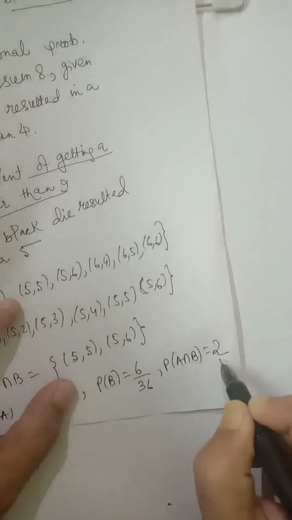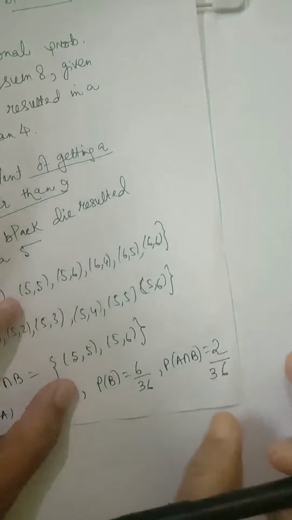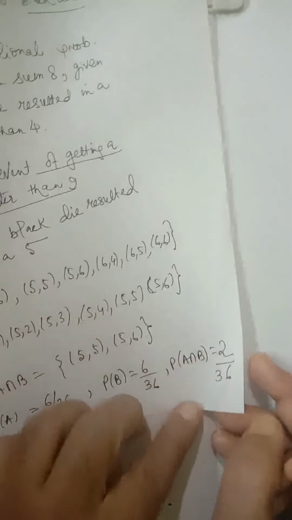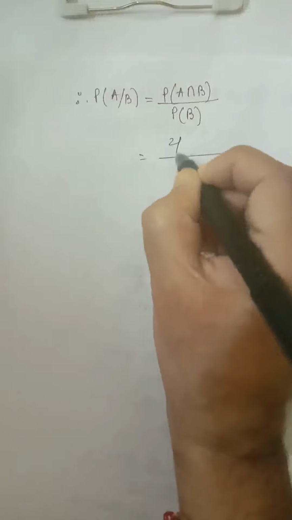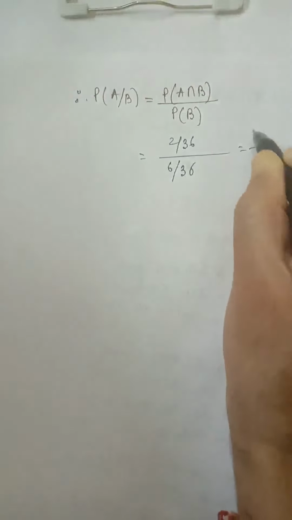One thing I missed here: P(A intersection B) will be 2 by 36, not 2. P(B) is 6 by 36. So it is (2 by 36) by (6 by 36). So the answer is 1 by 3.